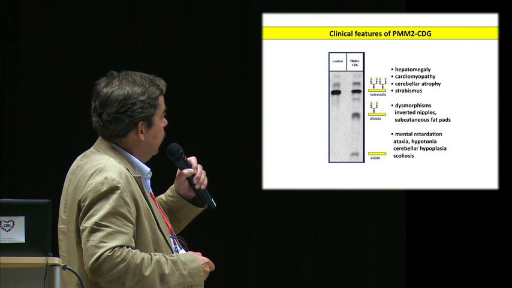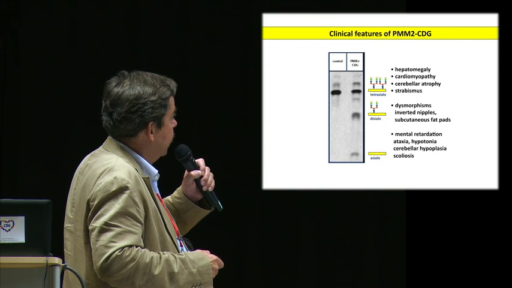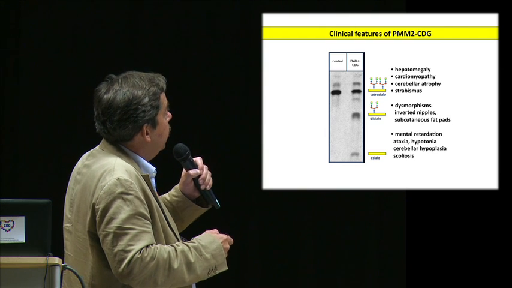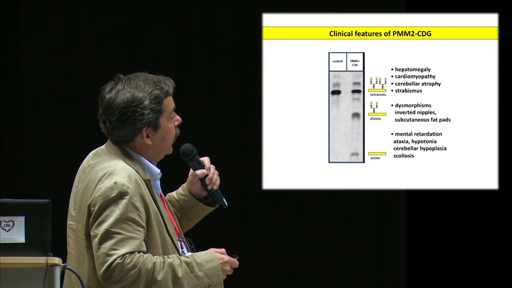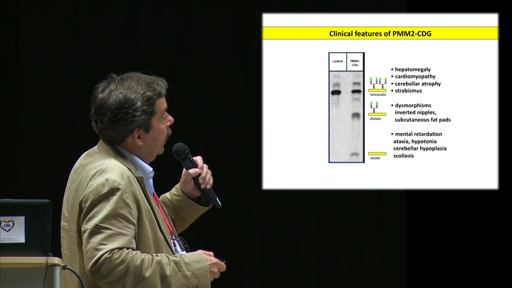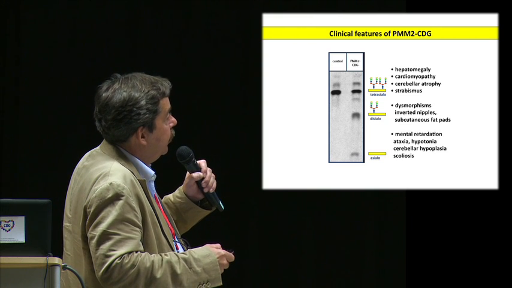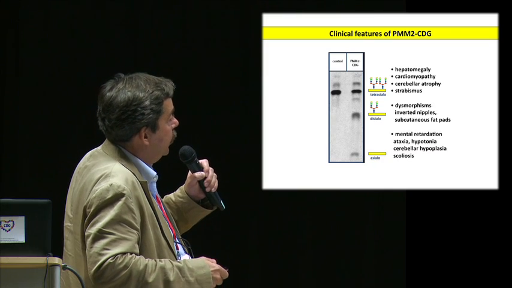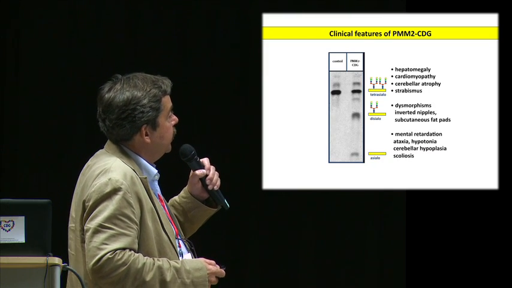It is also the brain which is affected, and you have these inverted nipples, scoliosis, as you can see here, and this classical picture of CDG-1A with the loss, or the partial loss, of oligosaccharide residues.